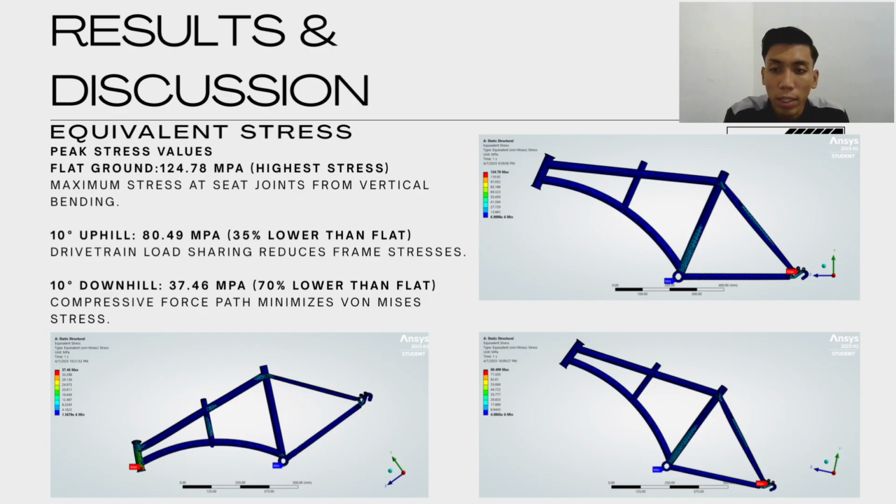Downhill riding exhibited the lowest stress levels at 37.46 megapascal, 7% lower than flat ground, thanks to compressive force that followed an efficient path, minimizing von Mises stress. These findings highlighted the importance of reinforcing seat joints for flat ground durability.